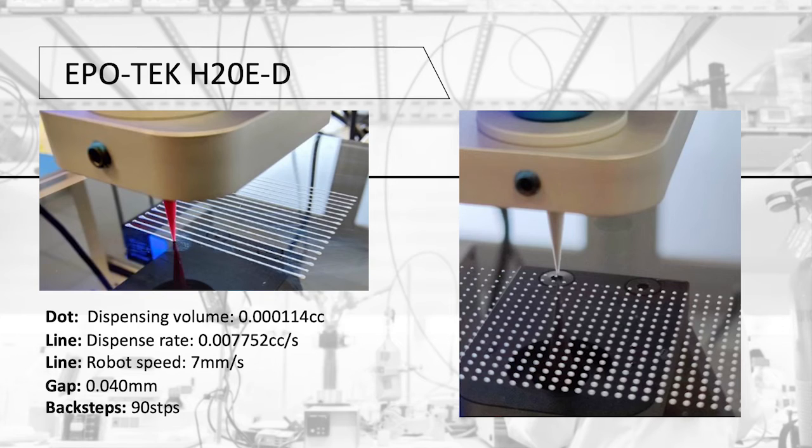In the line drawing section, no bubbles or breaks were observed. The dotting experiment showed some of the most uniform and accurate dots, as well as allowing for the smallest gap distance in any of our trials. Our results truly showed why the H20E-D is our best material for syringe dispensing.